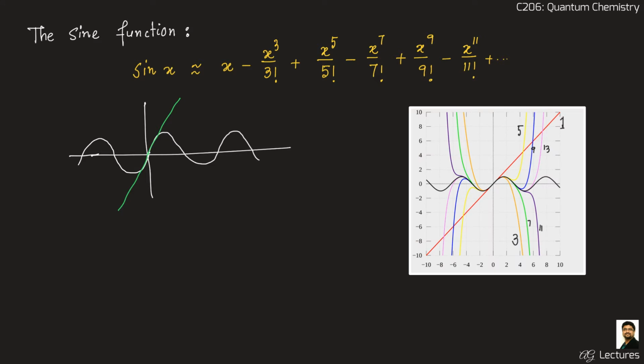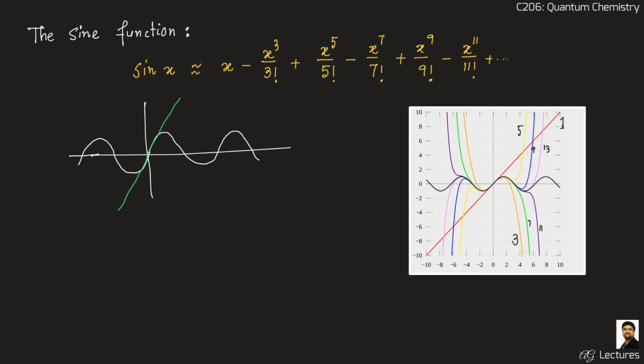So now we have this picture where many of the terms are drawn. I have already tried drawing the first one, as the x, which is also the order 1, this red line. And then we have the x cubed over here. Then we have x to the power 5, this yellow line.